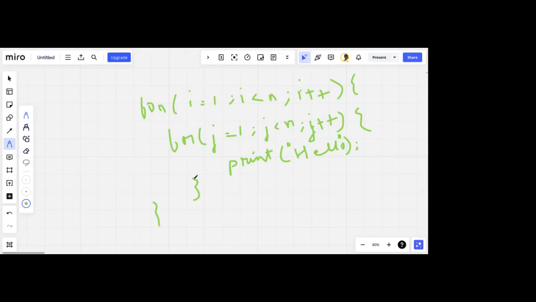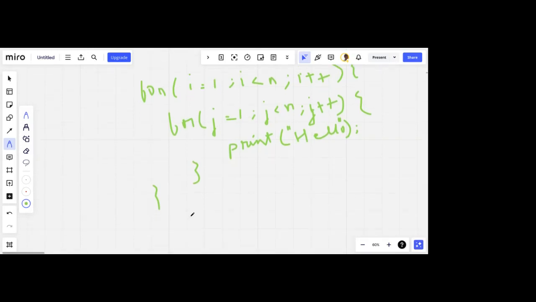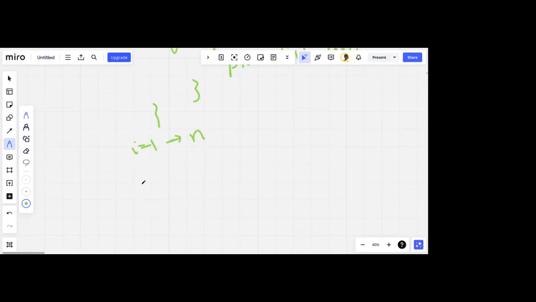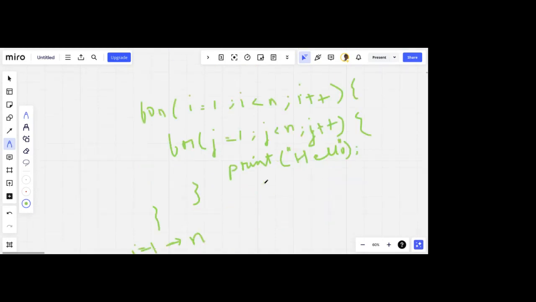Okay, see this. When i is equal to 1, then it would be printed n times. Yes or no? When i is equal to 2, then also it will be printed n times.